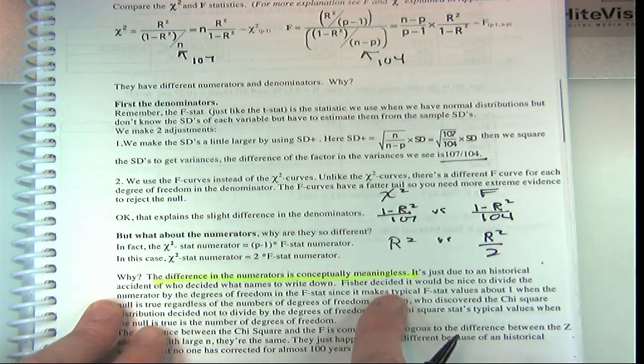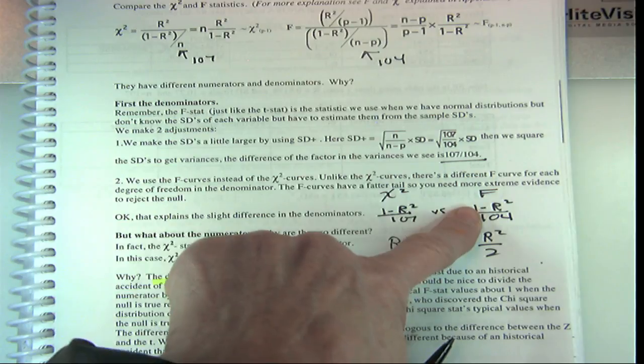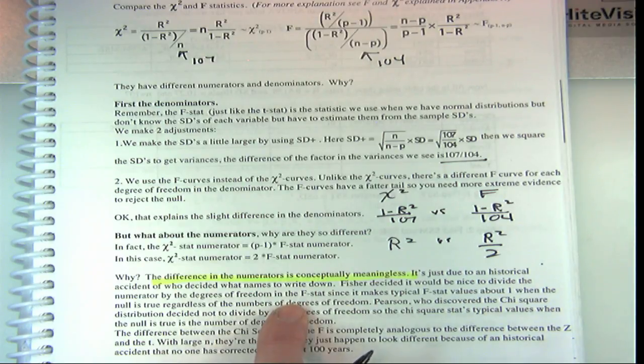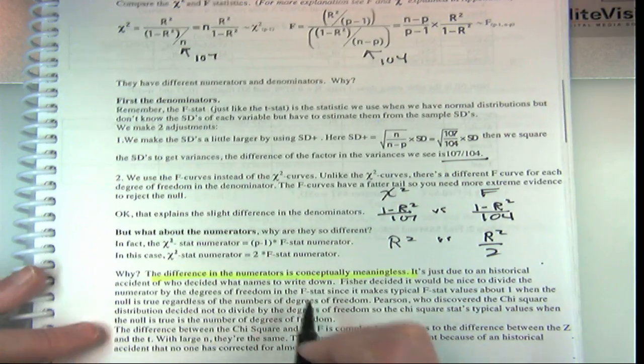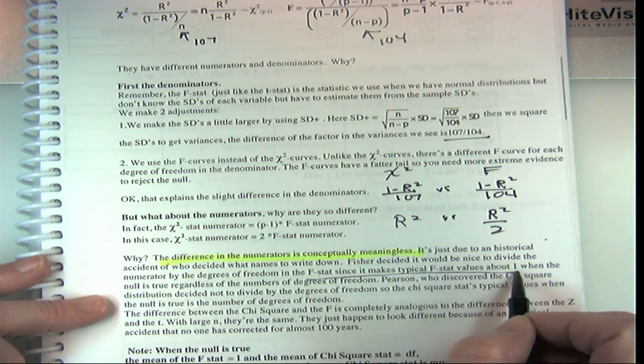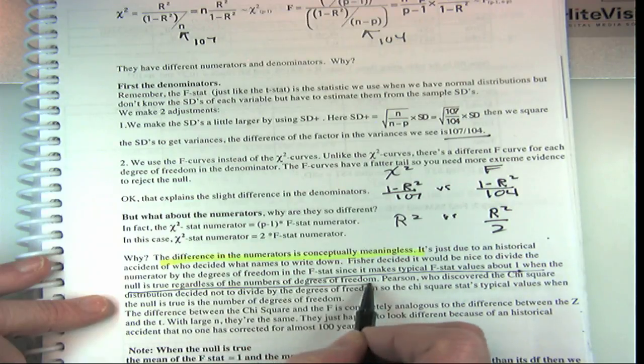There are these two very famous men, Fisher, and that's why it's the F-test, Fisher. He thought it would be nice to divide the numerator by the degrees of freedom. I think it's great too, since it makes typical F-stat values about 1 when the null is true, regardless of the number of degrees of freedom.